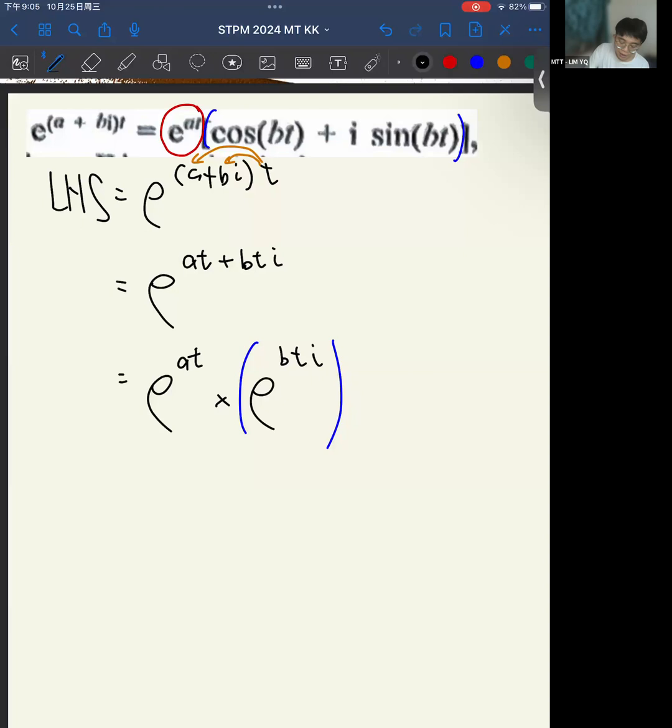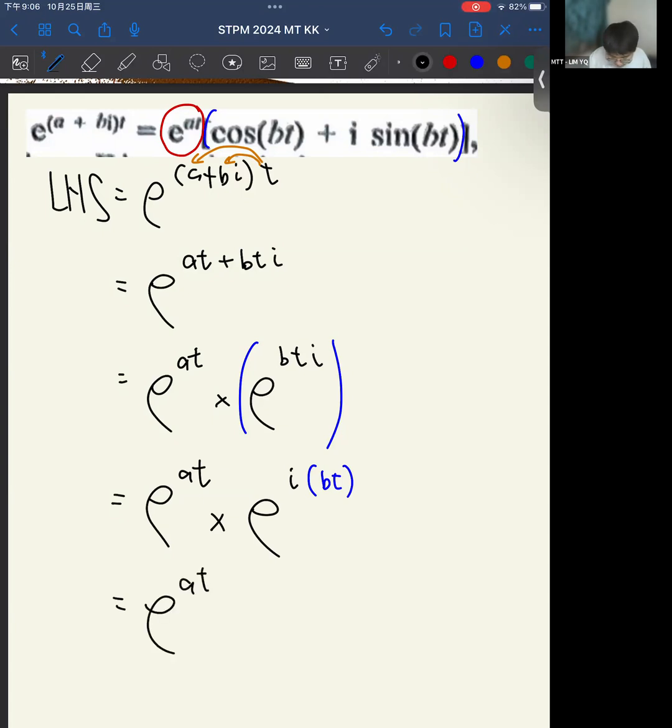Now, how can you change this one? e to the power of i, and then what is left? bt, correct? By using the associative law, change the order only, make i here, make bt here. Why do I make it like this? I want to use equation 4, Euler's formula. Now I can use it already.